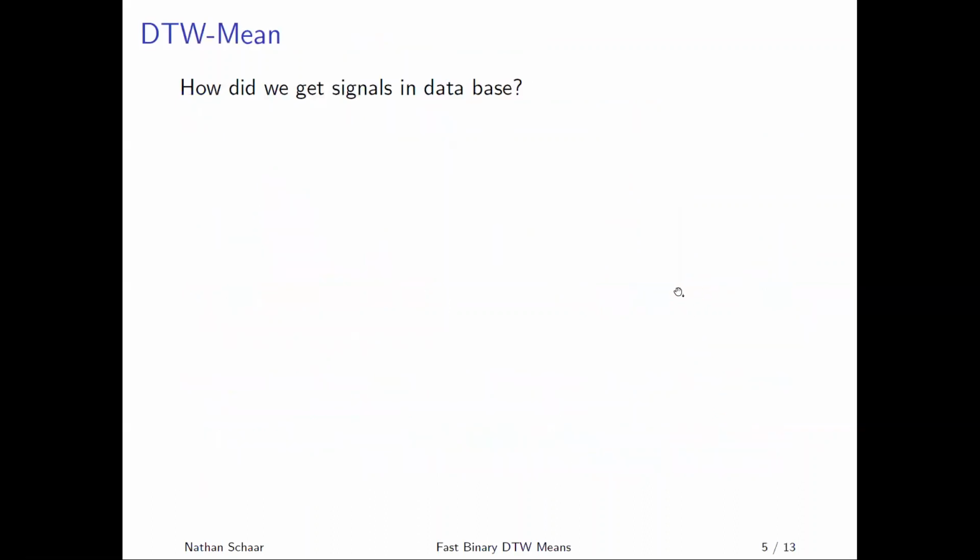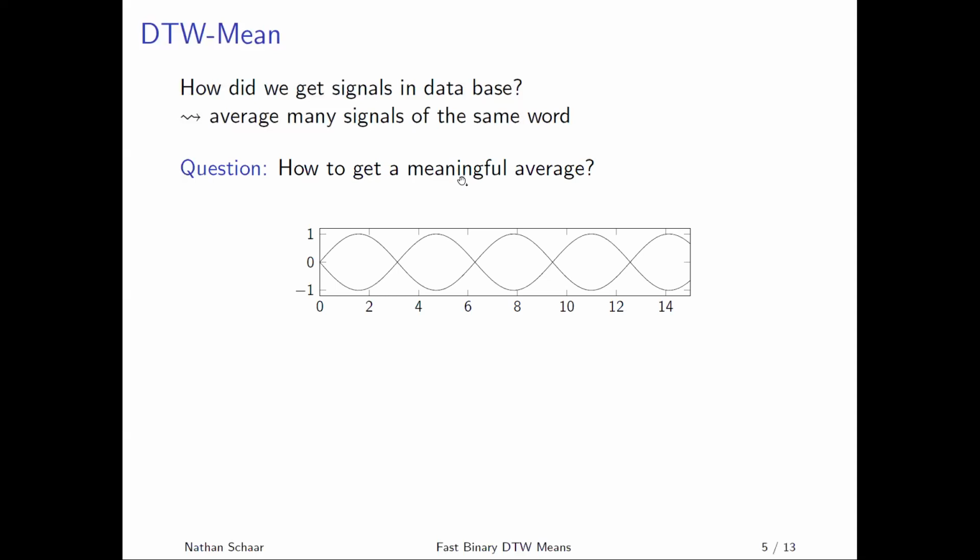Now that we can compute distances between those signals, one might wonder how we actually got the signals in the database. We could get them by, for example, averaging many recordings of the same word. But in this regard, it's actually not clear what averaging means.